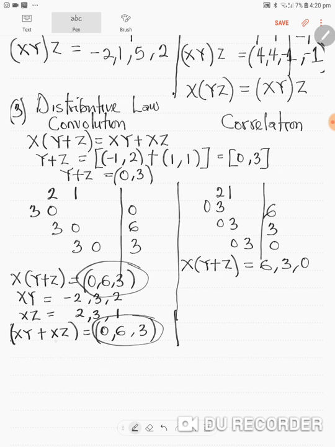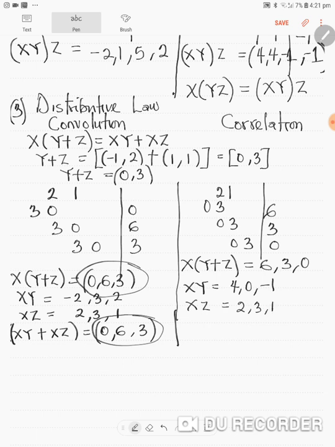So solving for xy plus xz under correlation, xy is 4, 0, minus 1, and xz is 2, 3, 1.